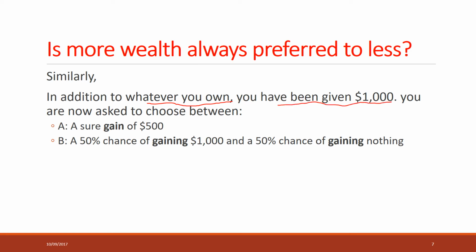We are given an additional $1,000, and now we are asked to pick from either A or B. So in this case, we were deciding between having a sure gain of $500 or having a 50% chance of getting $1,000 and a 50% chance of getting nothing, right? So if we work out the expected value, these two options are the same.